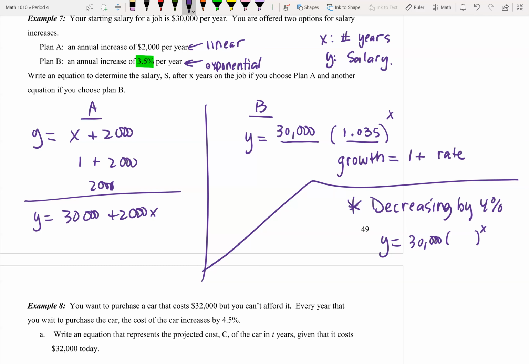Because it's going down. What would the number be? 0.96. Yep. Because remember I said you take the 1 and subtract the 0.04. That's where you get the 0.96. Good. That was a great connection.